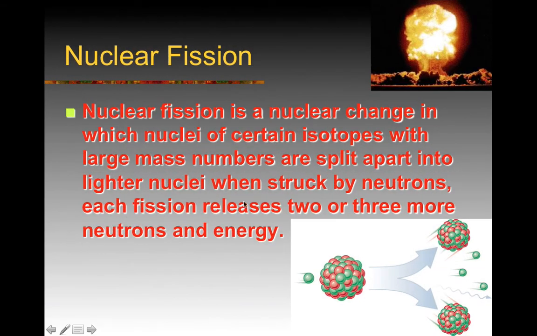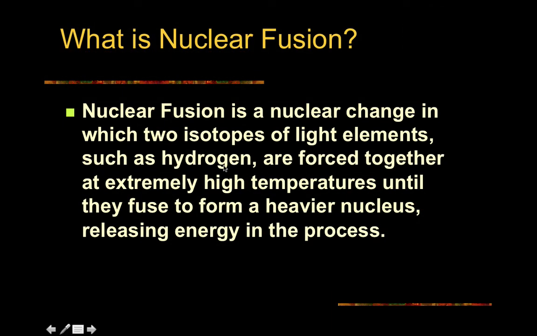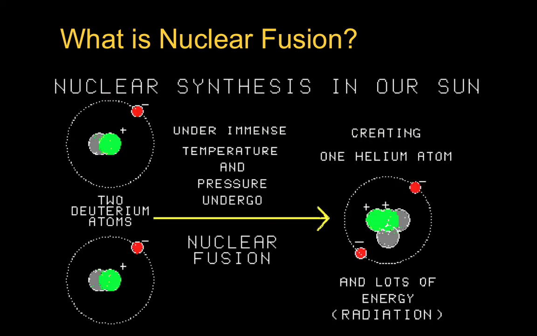Fission is what's done in nuclear power plants on Earth, whereas fusion is what's observed with the sun. Okay? Very unstable on Earth, very limited places where fusion actually has occurred.